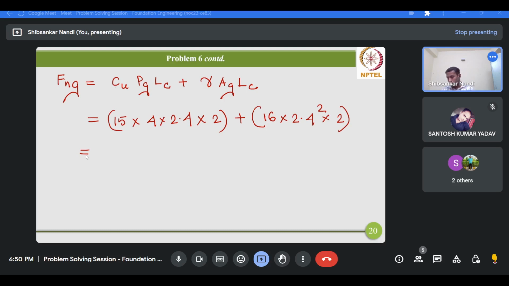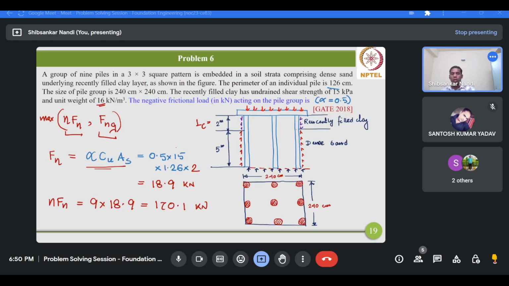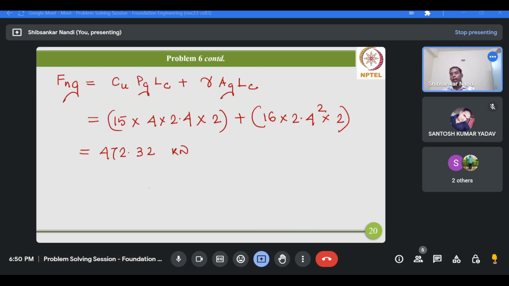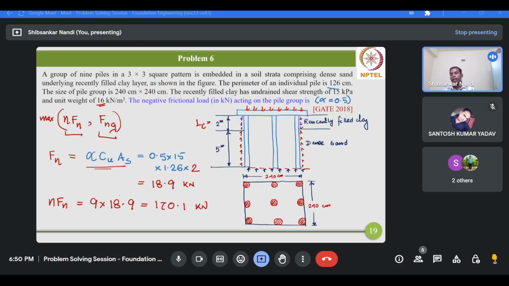So therefore it would be 15 times 4 times 2.4 into 2 plus 16 into 2.4 square into 2, so 472.32. So considering the block case, you are having the negative frictional load acting on the pile group as 472.32 kilonewton, and for the single pile case you are having the negative frictional load acting on the pile group as 170.1 kilonewton.